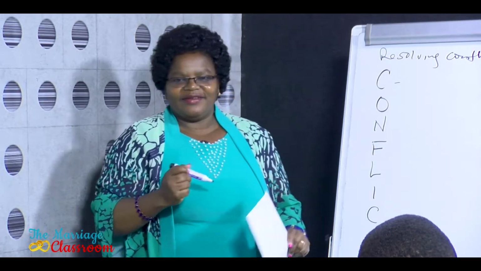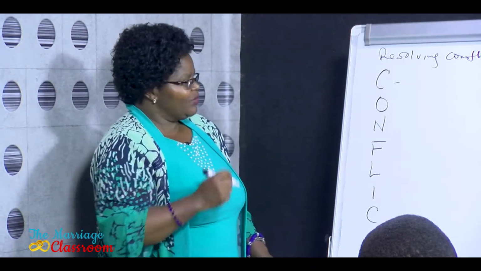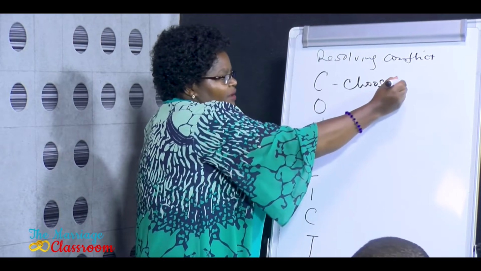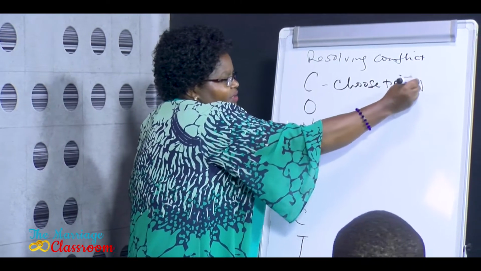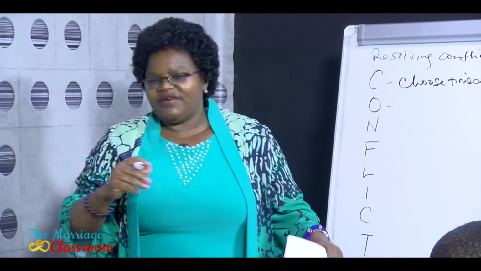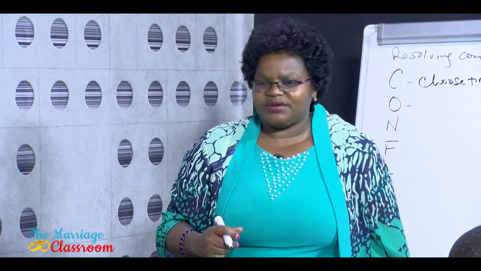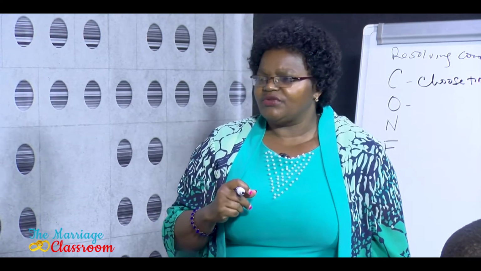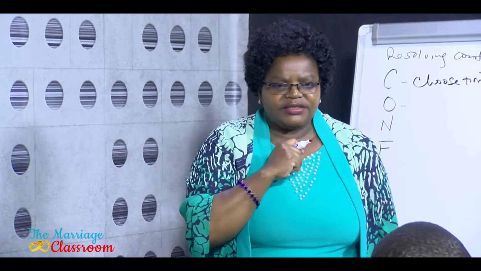Yes, Carol. Choose time and place. Correct. We said you must choose the best time and place, or even space, because if you don't, then you lose out on the way you're going to solve it.